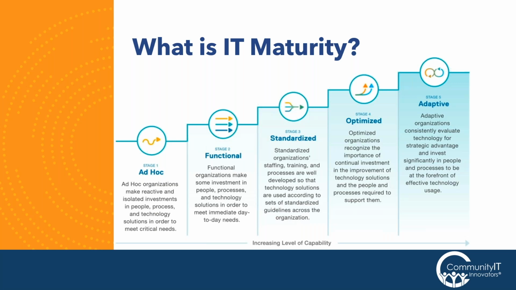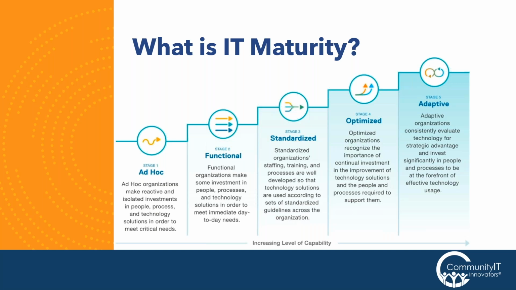So I just want to encourage you to not look at the maturity model and think, well, stage 5, that's the highest stage, that must be our long-term objective, because it can be very expensive to get your organization to stage 5. That involves investing in a lot of policy and process development. It involves a very rigorous and methodical approach to technology that can also be very costly, very time-consuming.